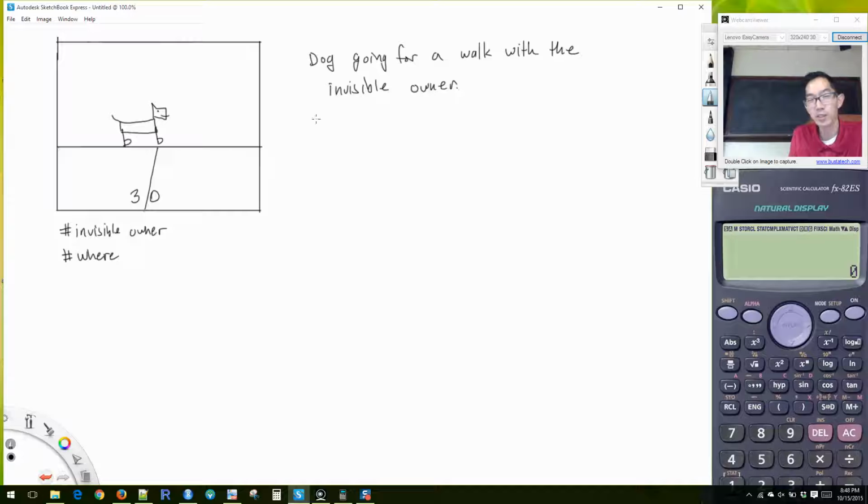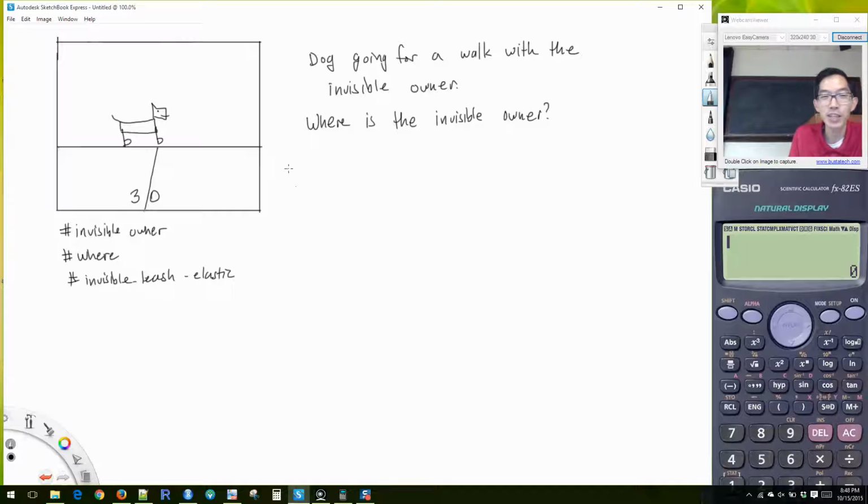And we want to know, where is the invisible owner? Well, we have something to help us out. Invisible leash. Elastic. These are the worst hashtags ever.